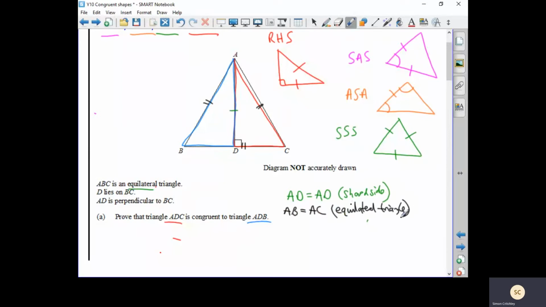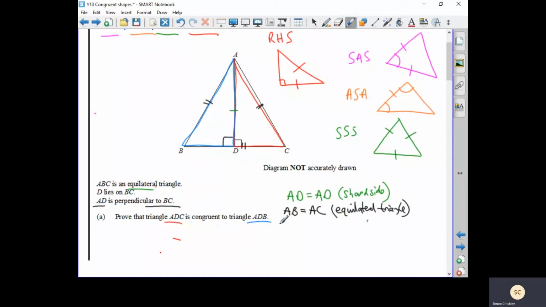And now you've also got another side as well. That's actually the hypotenuse of the right angle, because we're told that ADC is a right angle. AD is perpendicular to BC. That also means that this angle here is also a right angle.